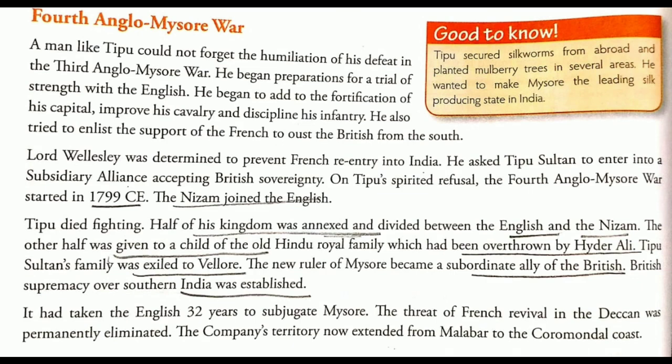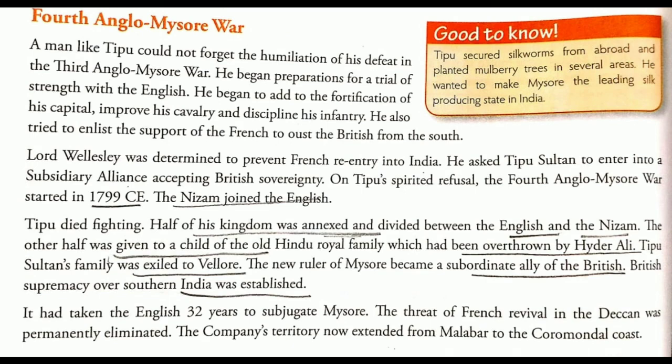So the descendant, the child of that Hindu ruler's family, was put on the throne by the Britishers as a puppet. Tipu Sultan's family was exiled to Vellore. The new ruler of Mysore became a subordinate ally of the British. So the British appointed the descendant of the other Hindu royal family, who became all the time a puppet for the British.